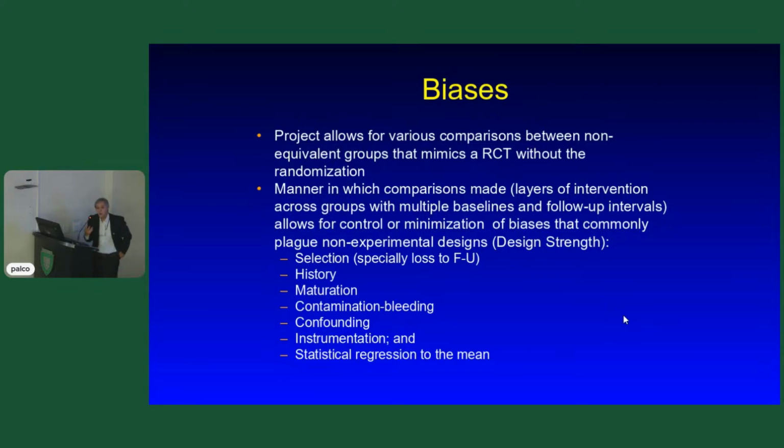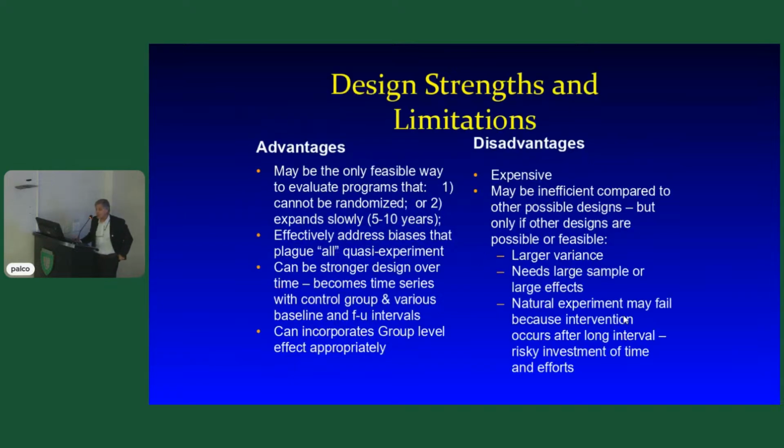So I have a variable that captured the intervention. It's not just one variable, yes or no intervention. It's one variable with different levels, so to speak. I can treat them in aggregate as yes or no. I have that analysis too. So these are the advantages and disadvantages. Main advantage here: it may be the only feasible way to evaluate the program.